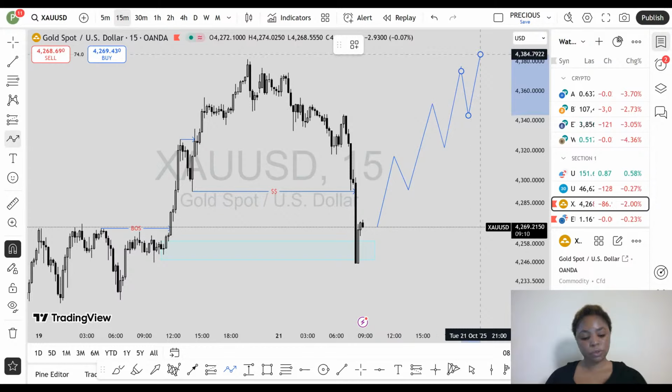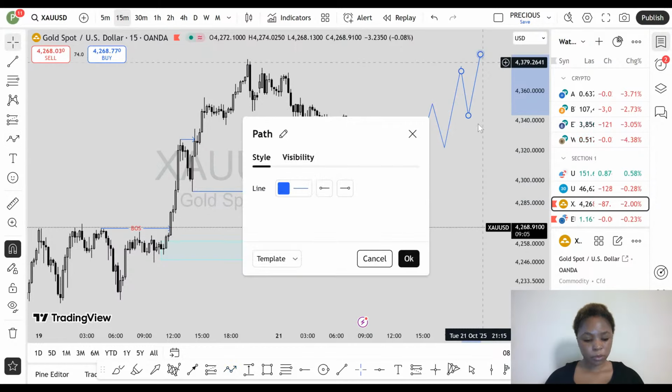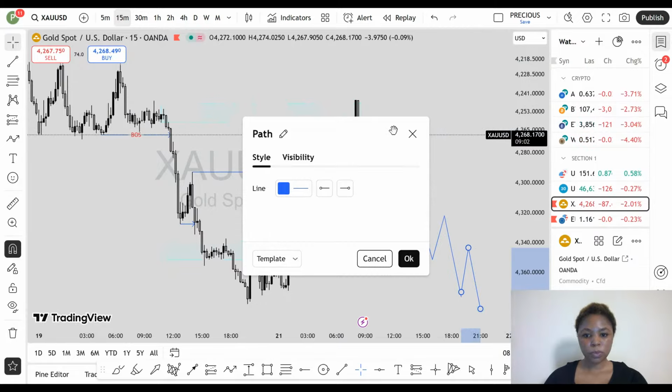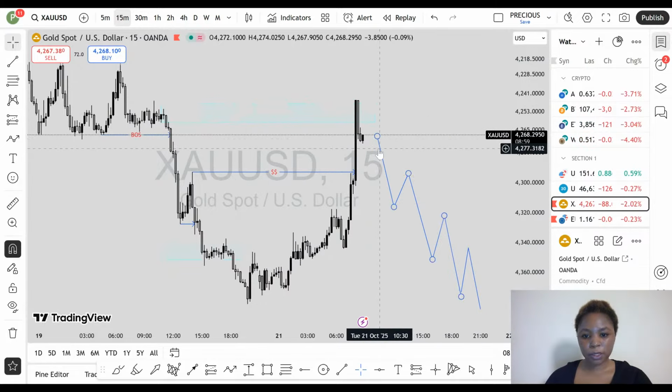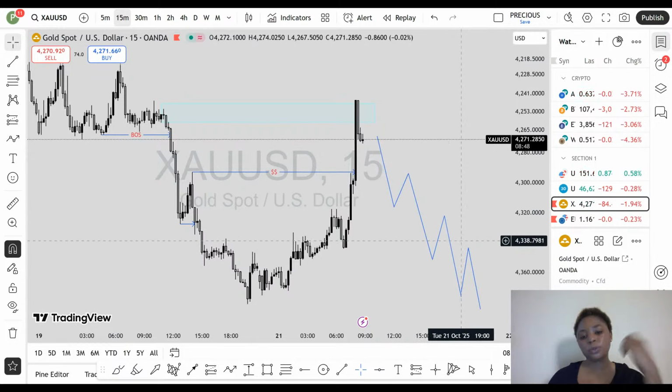And in a situation where we have a bearish market, you can see price creates a break of structure to the downside, retraces upward to mitigate another block, creates a break of structure, retraces upward to mitigate another block.